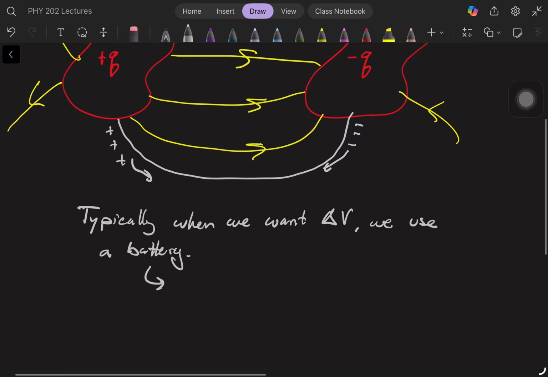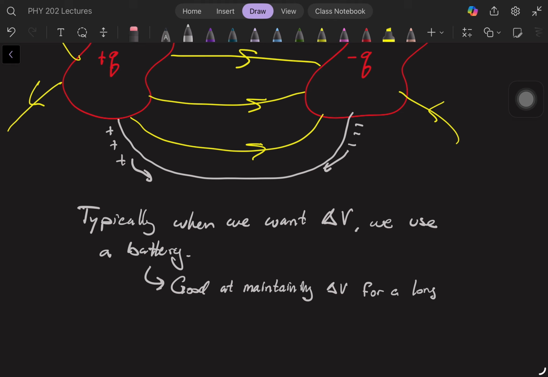But batteries are good at maintaining a potential difference for a long time, and the reason they're not good for something like a camera flash is their slow operation.